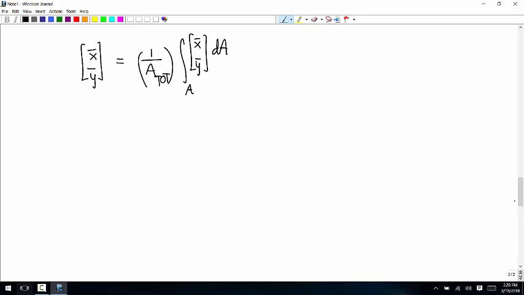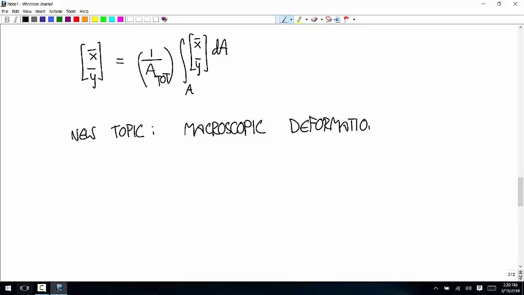All right. Now we're moving on to the next topic, which is macroscopic deformations and statically indeterminate structures. These go together.